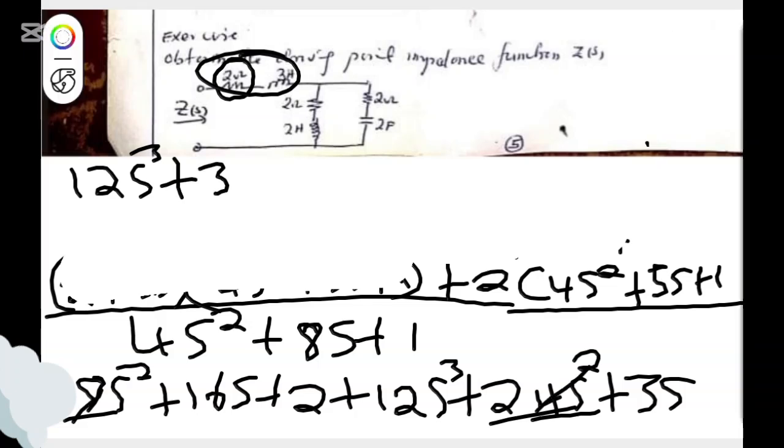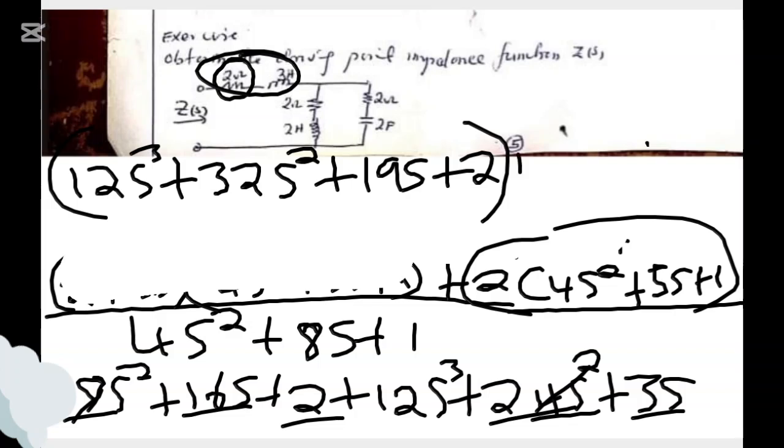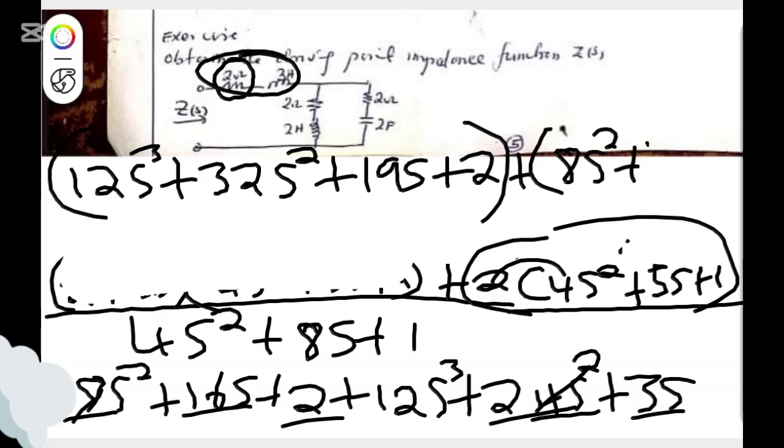I'll get 32s squared plus 4s, s and s, I'll have 19s, and then I have to say plus 2. I have 2. So don't forget, I have to put this in brackets. So the next thing is this. I have to say plus this 2 multiplied by this, I will get 8s squared, plus this multiplied by this, I'll get 10s, plus this multiplied by 1, I'll have 2. Close the brackets.